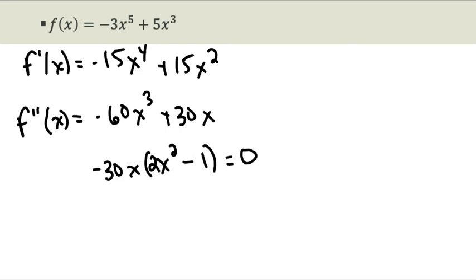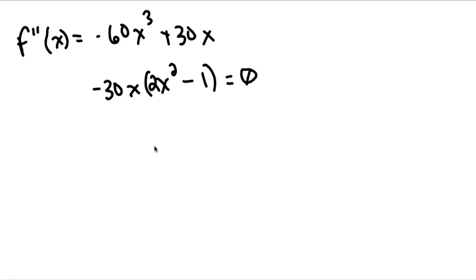Excuse me. So set this equal to 0. So this one right here, we have a 0 at x equals 0. And then this one over here would give us two zeros at x equals plus or minus square root of 1/2.